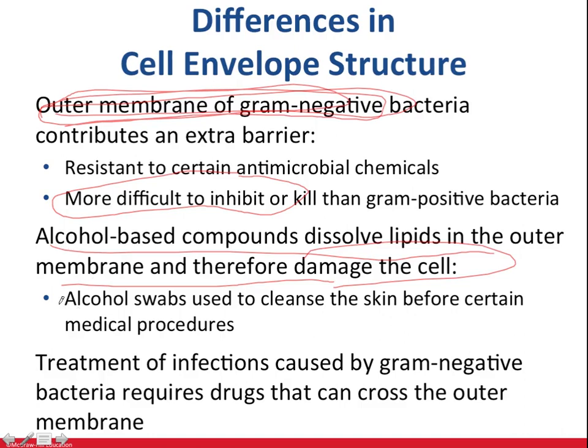However, we can use an alcohol swab to sanitize the patient's skin or wound to kill the gram-negative cells on the surface of the skin or the wound. So we can use alcohol in this location, and that is good.